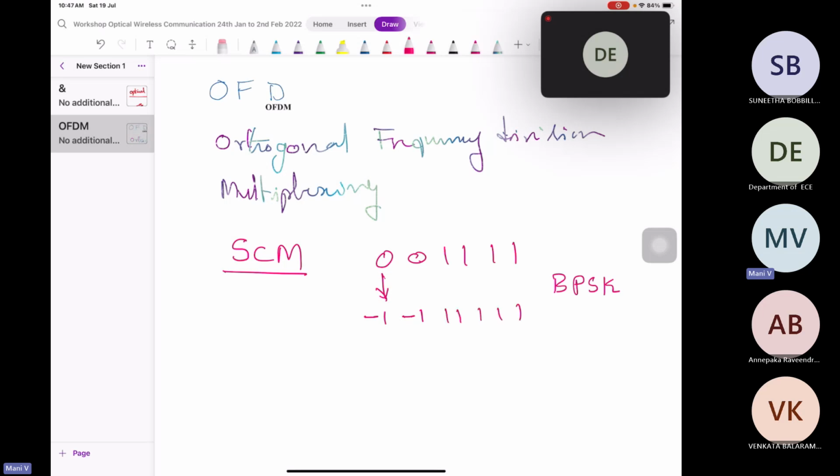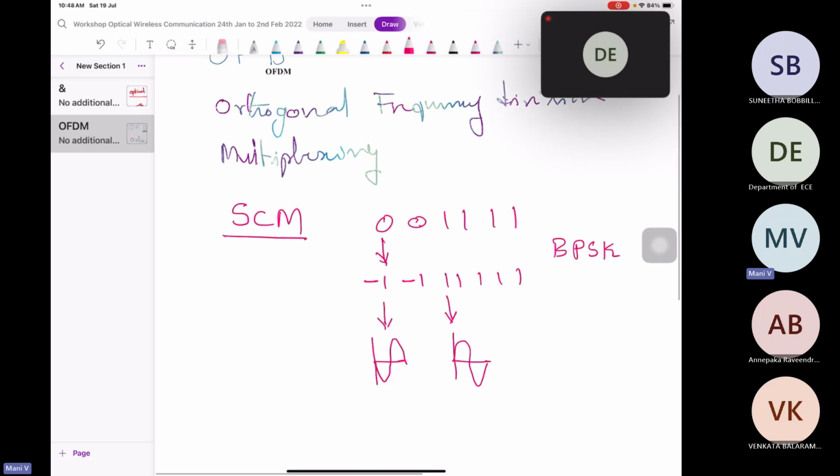If it is -1, I generate a negative carrier like this, and to communicate a +1, I generate a positive carrier. This is a single carrier communication scheme. Now, OFDM, orthogonal frequency division multiplexing, is a multi-carrier modulation scheme.